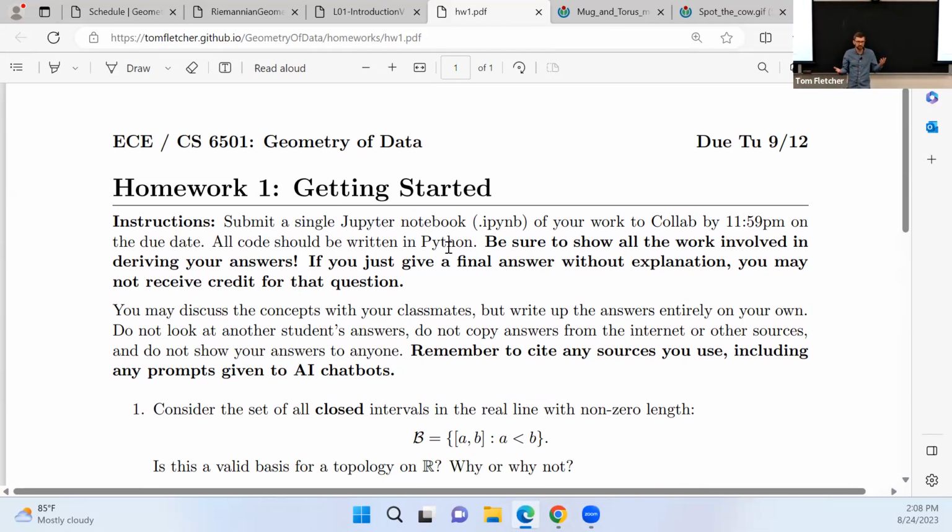Like if it's a question where the answer is a number, don't just give us the number, show how you got the number. And everything's been done in a Jupyter notebook, which includes written answers, mathematical derivations, and also some Python coding, all in the same document.